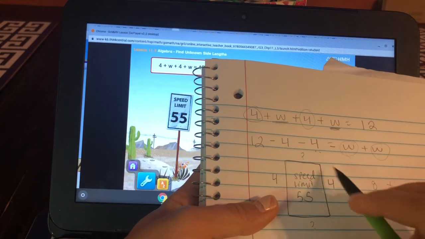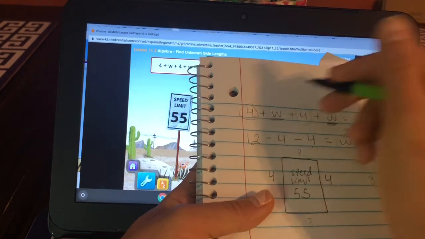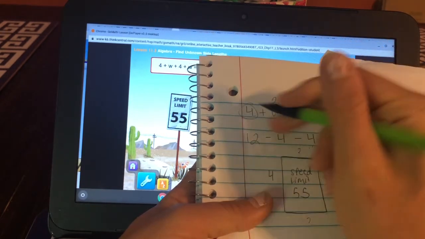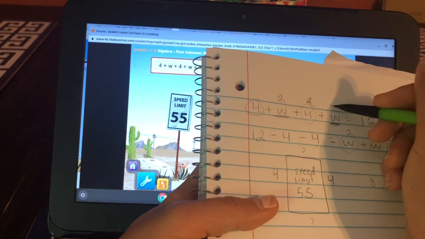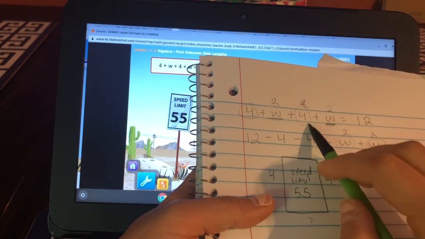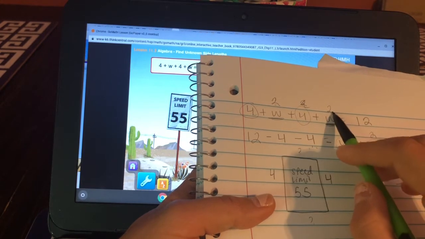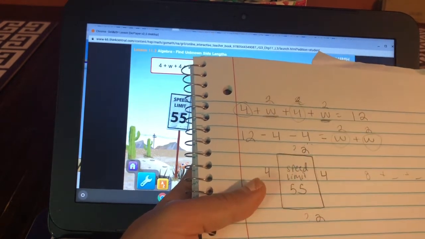What plus what equals 4? 2 plus 2. Now we'll check it up here. 4 plus 2 plus 4 plus 2. 4 plus 2 is 6, plus 4 is 10, plus 2 is 12. So this length is 2 and this length is 2.